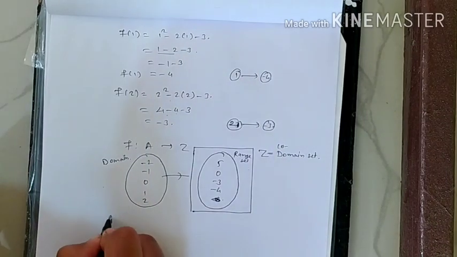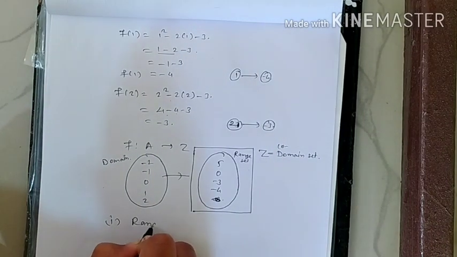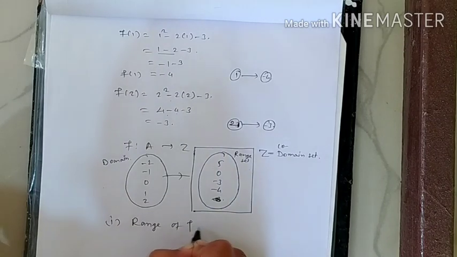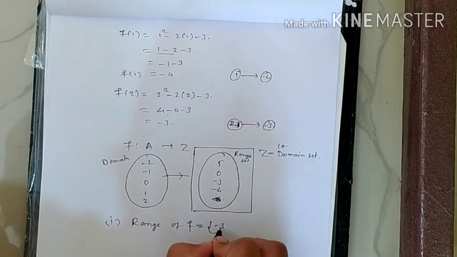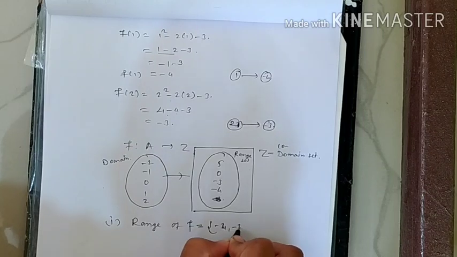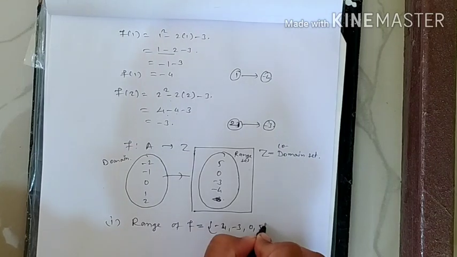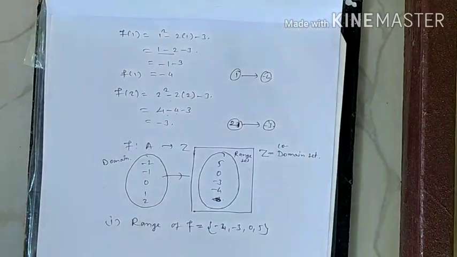The range of f is a set having elements minus 4, minus 3, 0 and 5. Just put the values of the variable in the given function and you can easily find it.